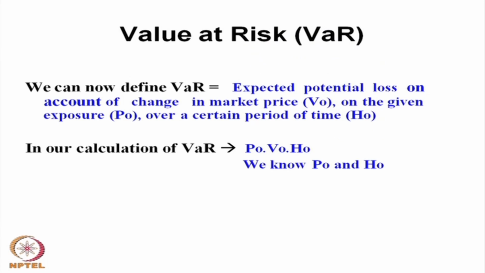Now, the question is, what do we know? We know P0, the amount, 10 million, 20 million, 30 million, whatever the portfolio size, the size of our holding, 10 million US dollar. We know the holding period, how many days you are holding, H0. What you do not know is V0, the volatility.